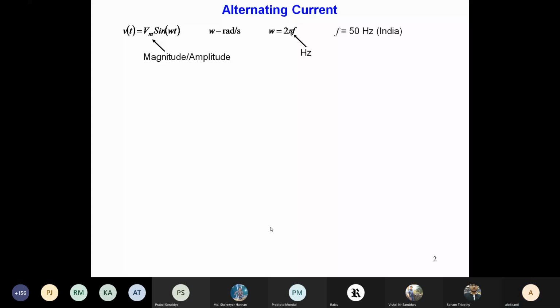In most countries of the world, the frequency is 50 hertz, which is the case in India, but in USA and Canada the frequency is 60 hertz. As I gave some examples, there are applications like aircrafts, rockets, or some military applications where the frequency is even higher.